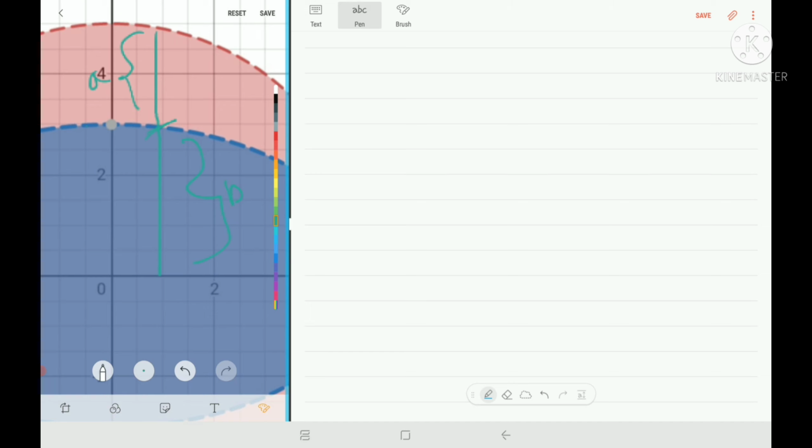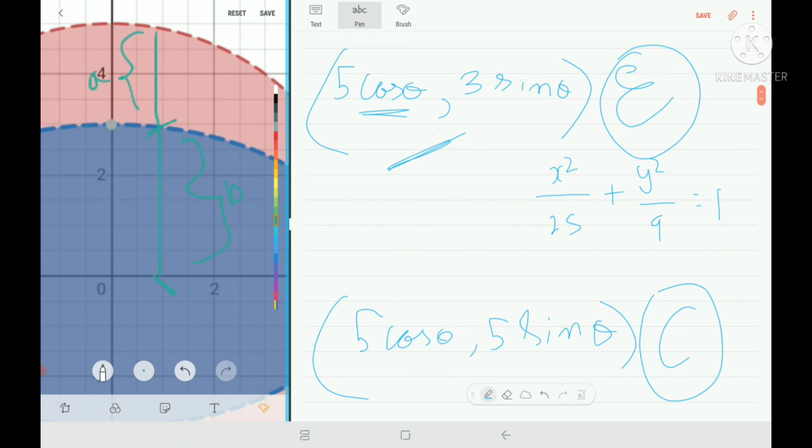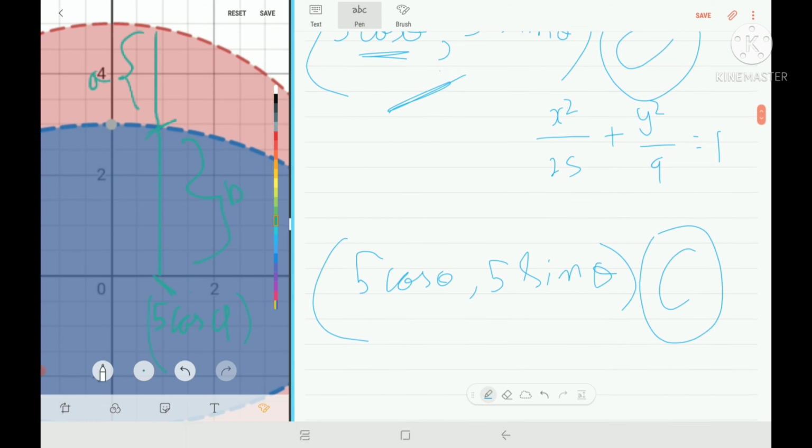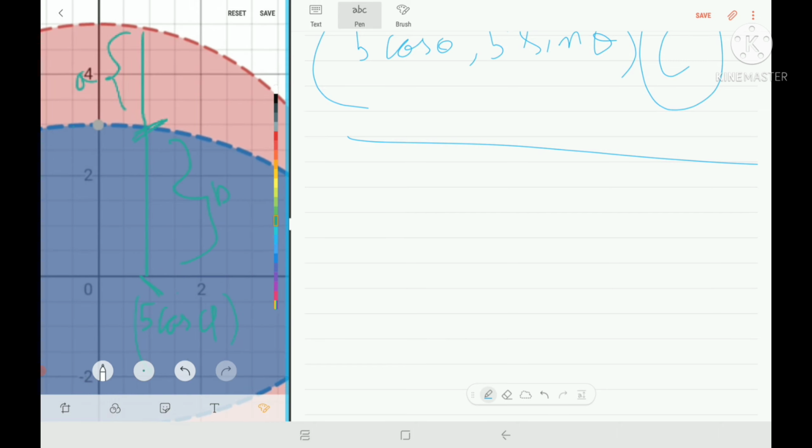So, what is B? I can assume this has to be some point according to this equation, maybe 5 cos phi. Let's not use theta, just to be fancy. So this point would be 5 cos phi, and y would be specifically 3 sin phi.